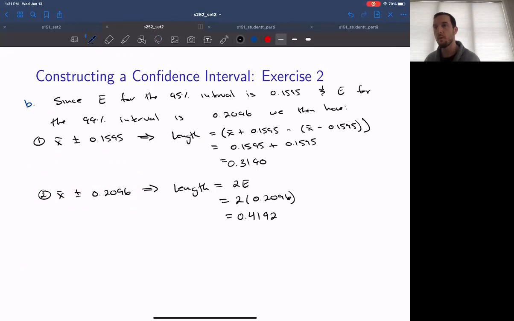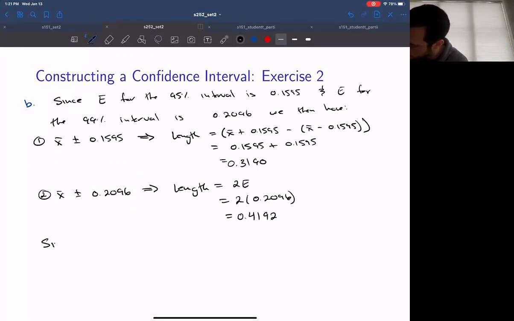So now what we can show is that since the length of the 99% interval is bigger than the length of the 95% interval, that means the 95% interval is actually more precise than the 99% interval, since precision defines closeness or a shorter range in the context of the interval.